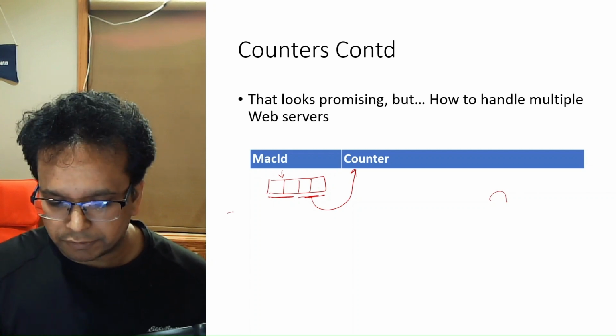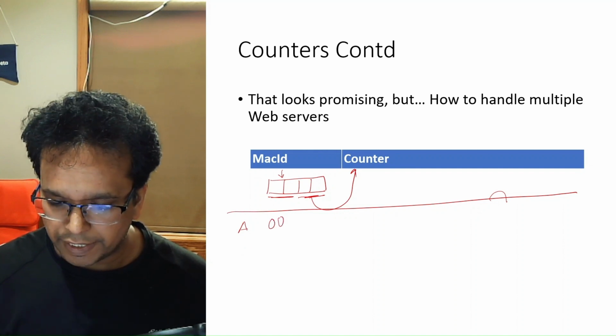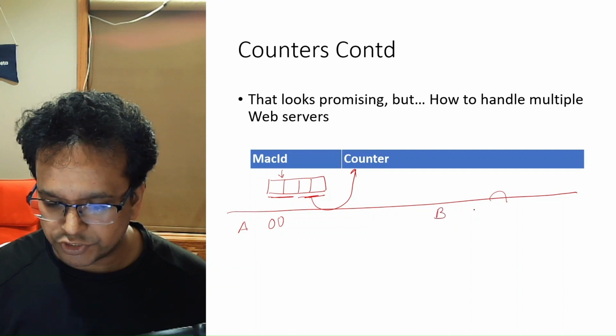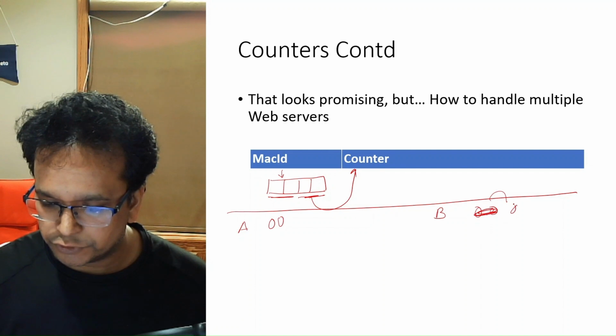Now let's say our fleet has two servers, server A and server B. Server A has a machine ID of 00, and server B has a machine ID of 01.